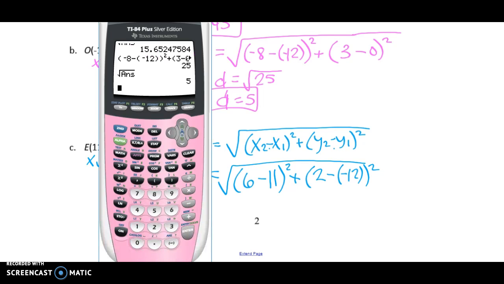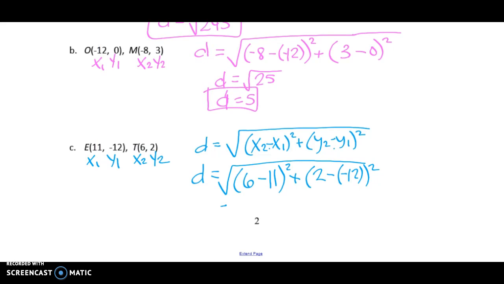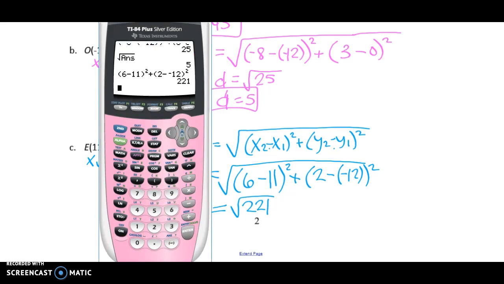Logging it in. Nope, I don't want it in the square root yet, do I? So 6 minus 11 squared plus 2 minus a negative 12. You get 221. So you gotta decide, is this a perfect square, is it not? If you don't know, you would put it into your calculator to determine it. You'll find that it is not. So we're going to leave it here.